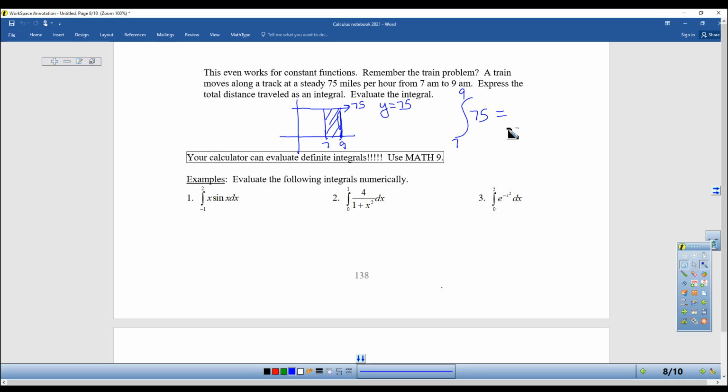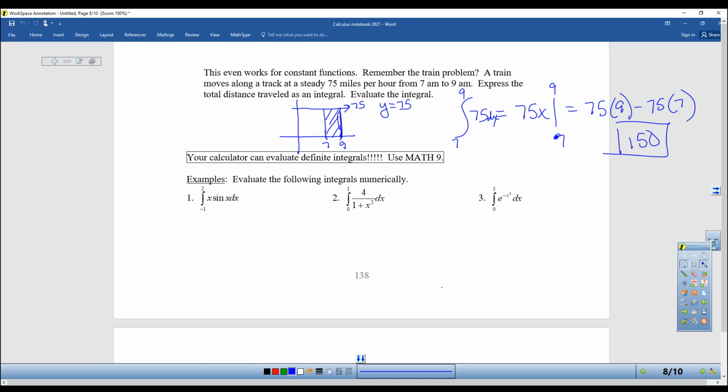We didn't do it this way before, but if you integrate that with respect to x, you get 75x from 7 to 9, which is 75 times 9 minus 75 times 7, which comes out to 150. Integral means area.